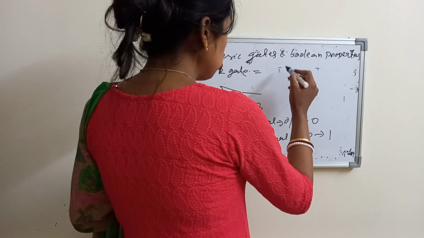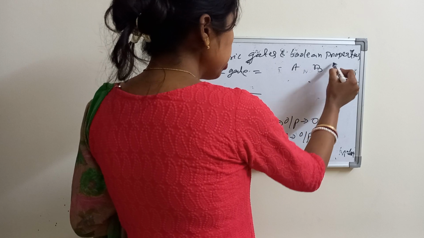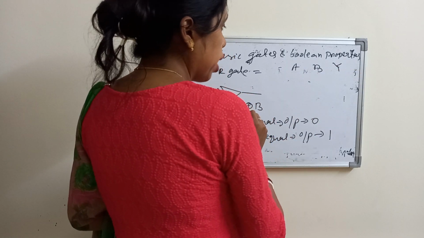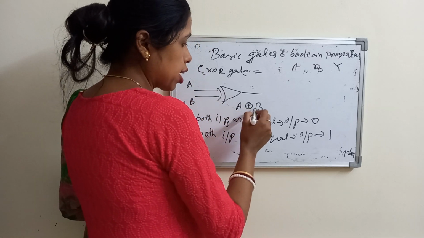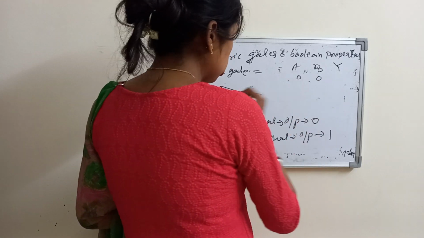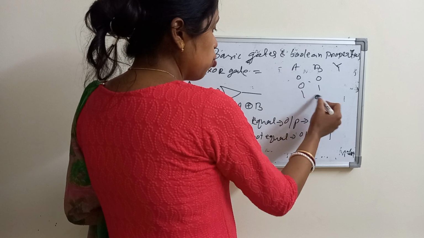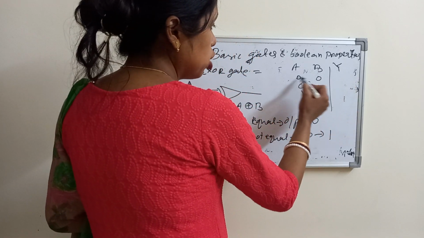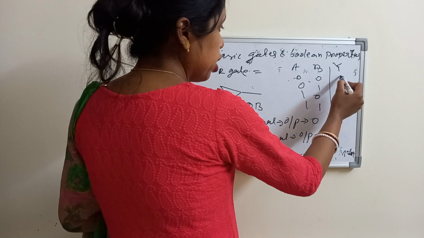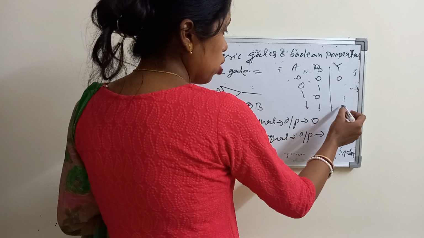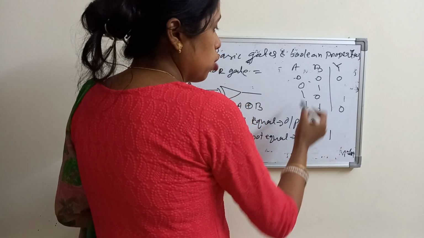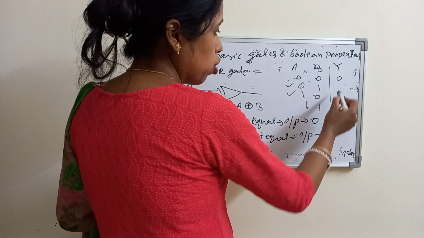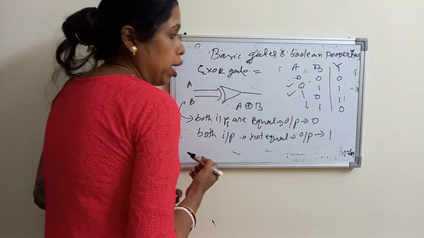So I am writing the truth table now. This is the logical symbol for the XOR gate: A, cross and circle, B. How many combinations for 2 inputs? Total 4 combinations. Where both inputs are equal, the output will be 0. Where both inputs are not equal, the output will be 1, 1.